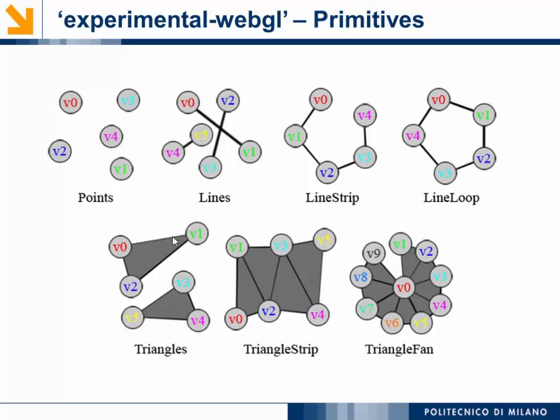We can define each triangle by defining all its vertices, like triangles. So the first 3 vertices are connected and define a face. The second 3 vertices define a second face. Or we can have triangle strips.